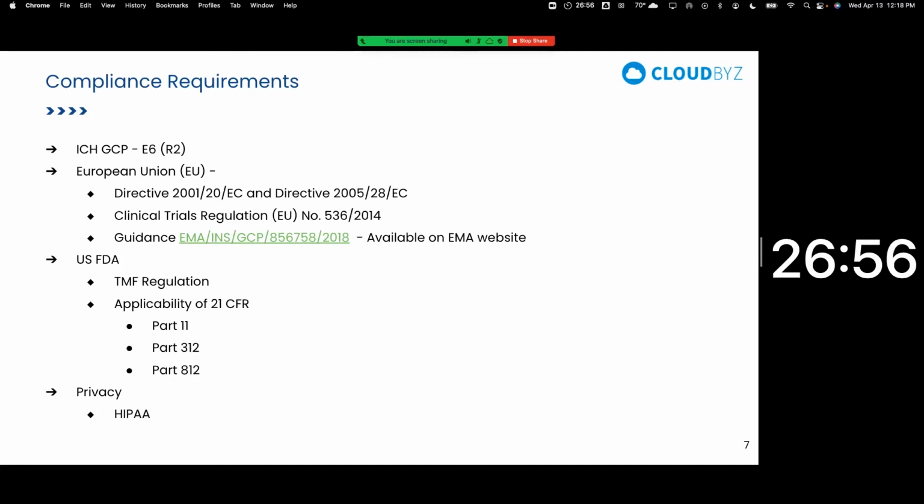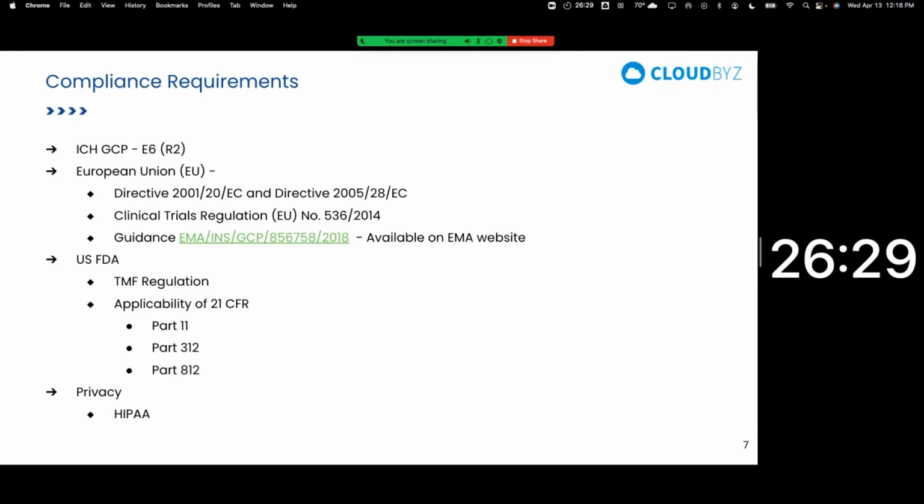Then there is the applicability of Title 21 of the Code of Federal Regulations. As we all know, Part 11, which deals with electronic records and signatures, and then Part 312 and Part 812, which contain guidelines and documents required for drug and device studies, respectively. Then also there's HIPAA, under which clinical researchers have to make sure that no personal health information is filed or shared to a sponsored trial master file.